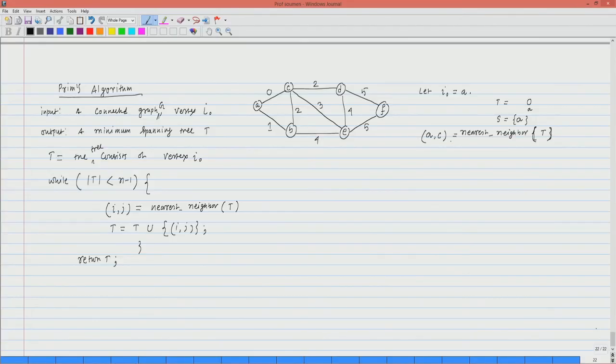Okay. So, another way of illustrating this is that you make a small table like this one. This part is A, that means the set S, and this is S complement.